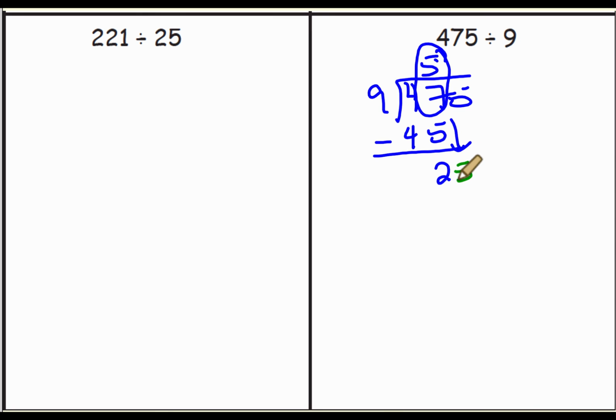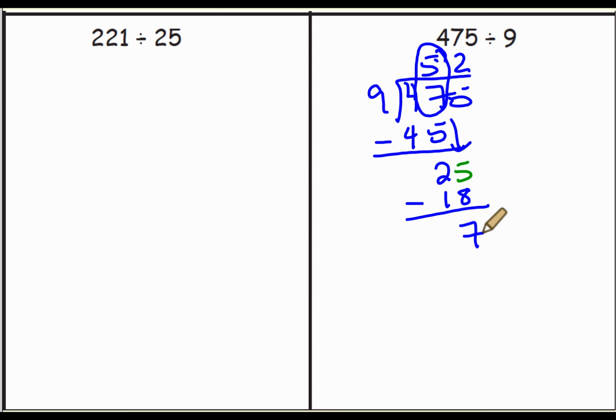So now 9 doesn't go into 25 exactly, but it does go in 2 times, because 2 times 9 is 18. And we subtract and we bring down a 7. So now I have that same problem again, that I could go ahead and leave a remainder, but we're in middle school now.